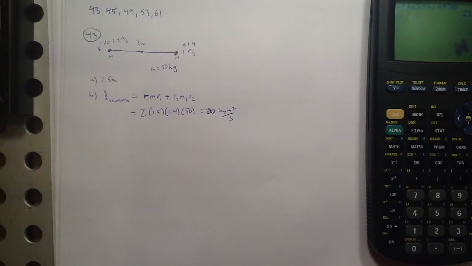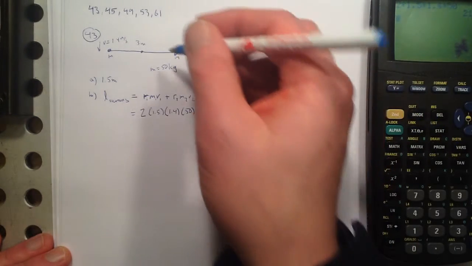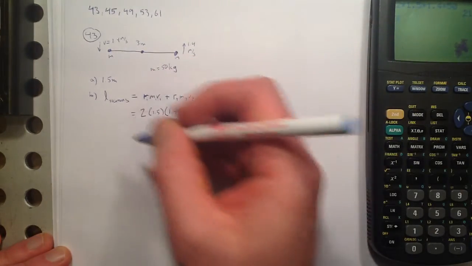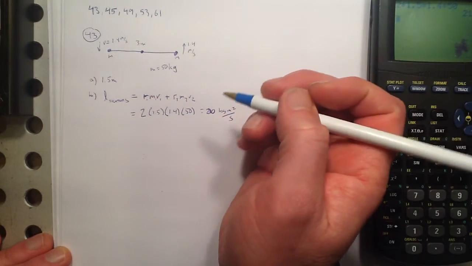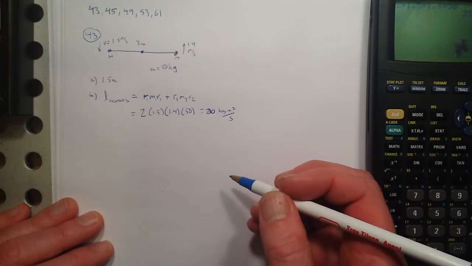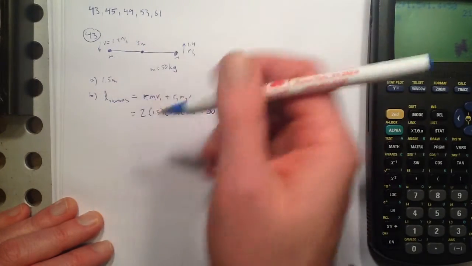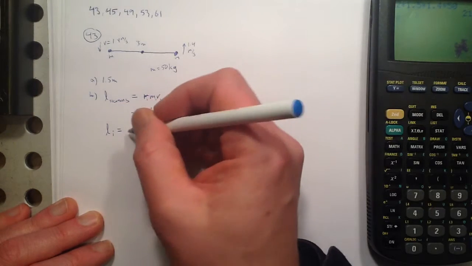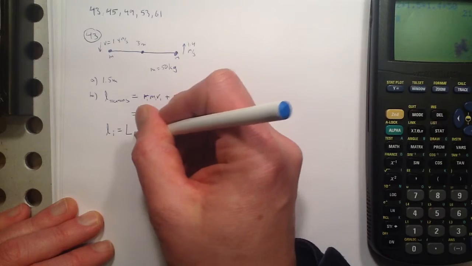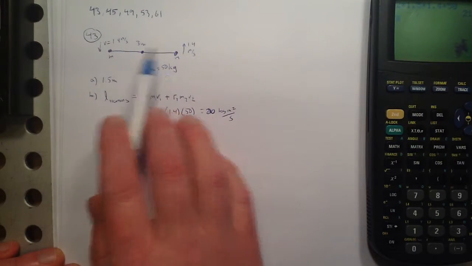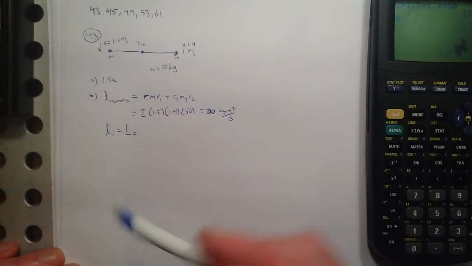They wanted to know the angular speed of the skaters. The total angular momentum is conserved, so the initial angular momentum is equal to the final angular momentum, which we can calculate like so, because it's two particles rotating on a fixed axis.